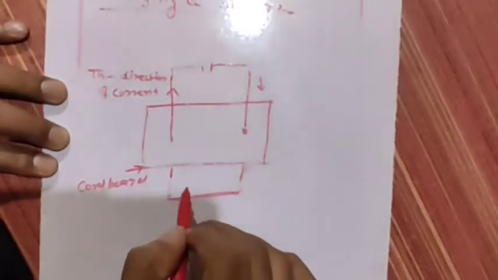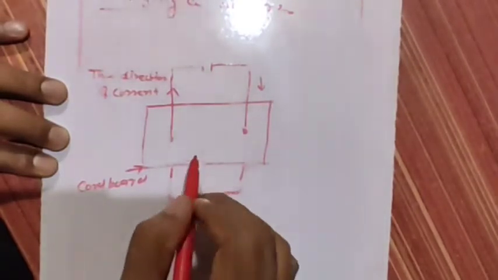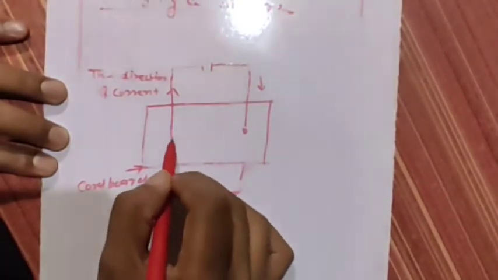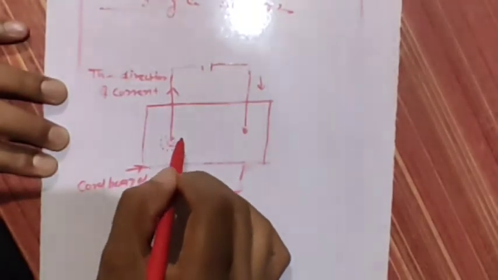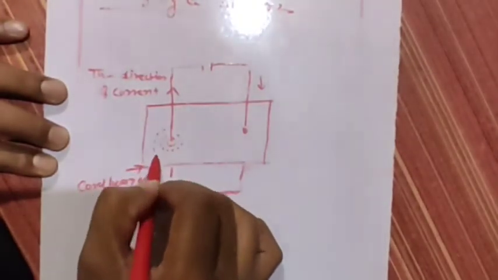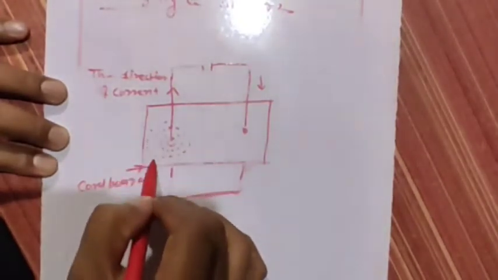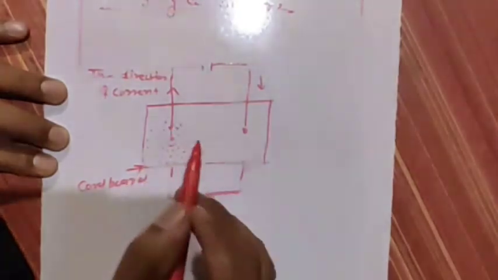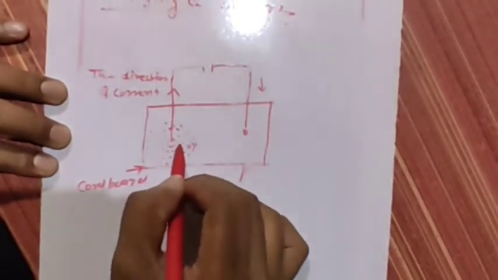When the current is carried in this conductor, a magnetic field is shown in this direction.